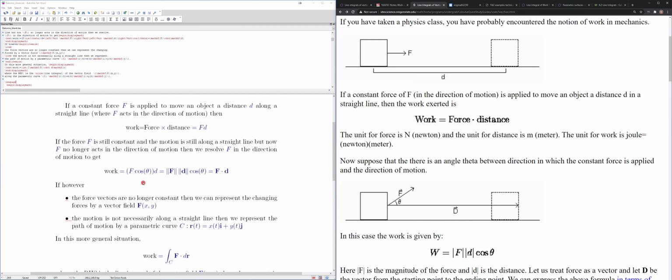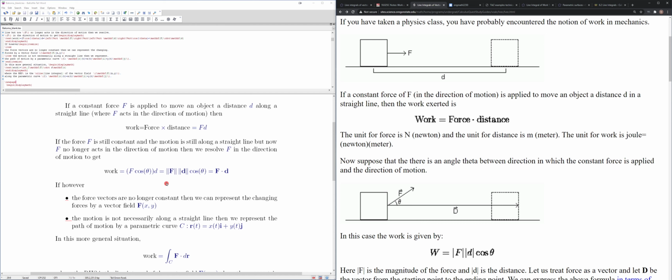What I have here is the magnitude of force and the magnitude of displacement, which is just distance, and then the cos theta that you got from resolving. This is just an equivalent way of writing it, using a notation where you have a force vector F and a displacement vector D.